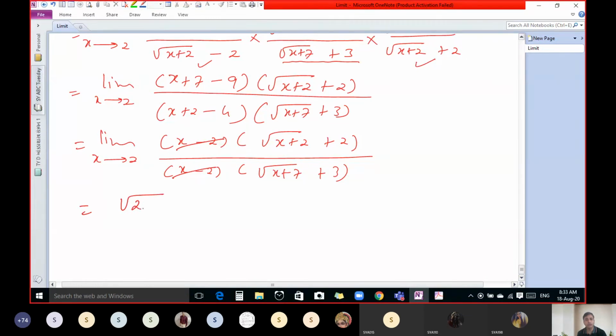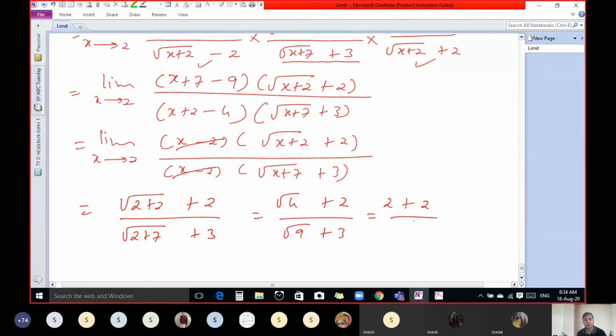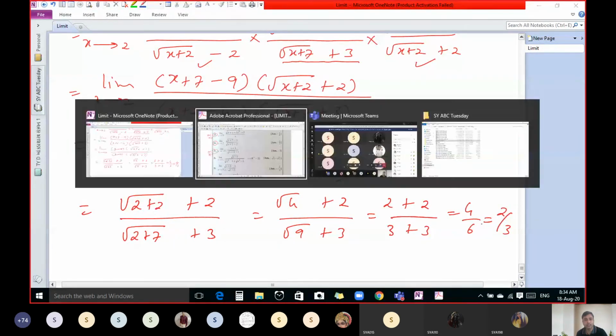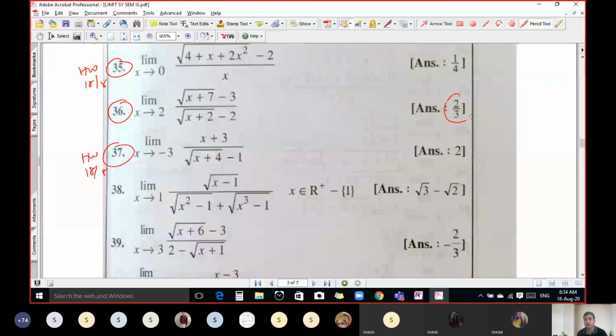So it is root 2 plus 2 plus 2 over root 2 plus 7 plus 3. 2 plus 2 is 4, so root 4 plus 2. Root 9 plus 3. Root 4 is 2, so it is 2 plus 2. This is 3 plus 3. 2 plus 2 is 4, 3 plus 3 is 6. And if we cancel 2, the ultimate answer is 2 by 3. So the answer for this question is 2 by 3.